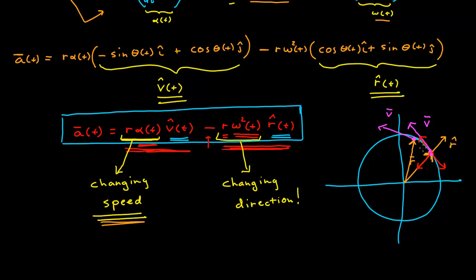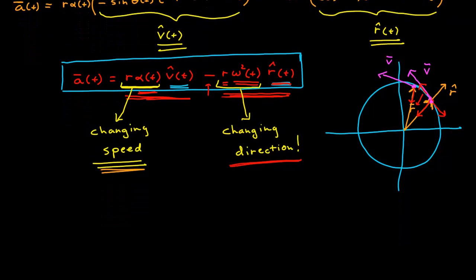And it is this acceleration here that always points towards the center of the circle that is changing that direction. And so, again, just like the position vector is always pointing radially along the radius, this term of the acceleration is always pointing along the radius. It is just pointing toward the center of the circle instead of to the outside of the circle.